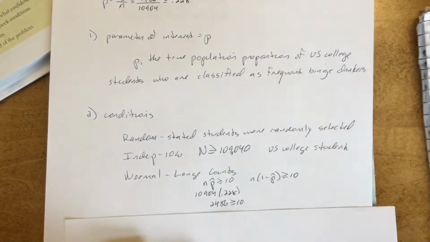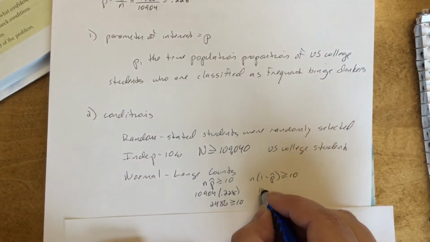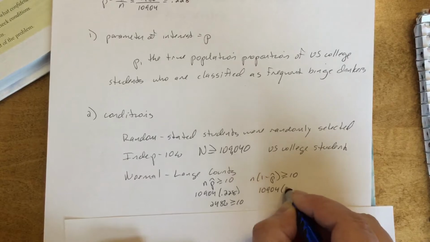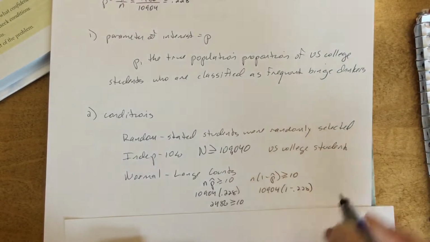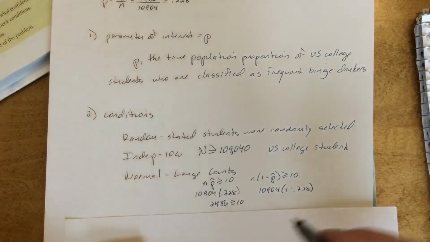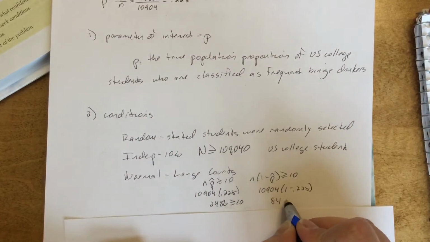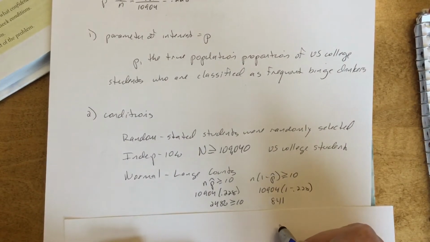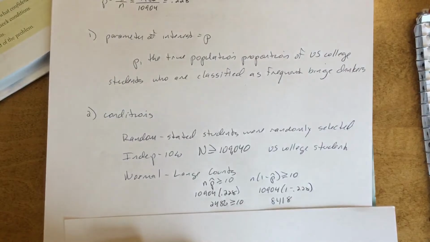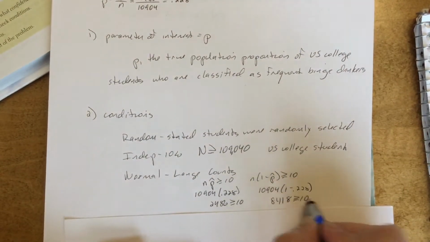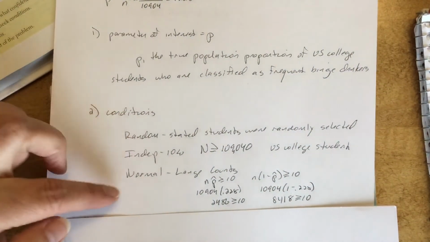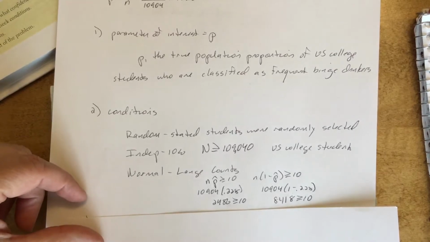I know there's a decimal in there, but whatever. And then 10,904 times 1 minus p-hat should be the rest. So what's that? 8418. And that is also greater than 10. So all 3 of our conditions have been met. We are good to go.